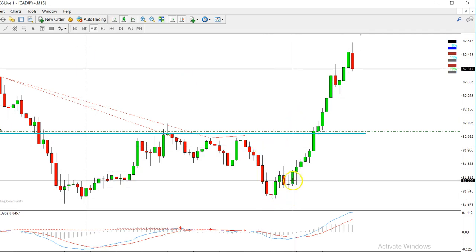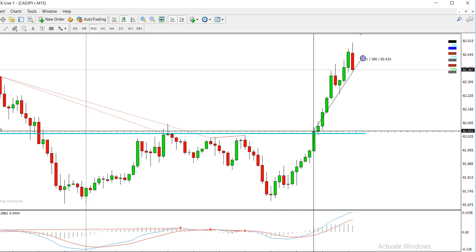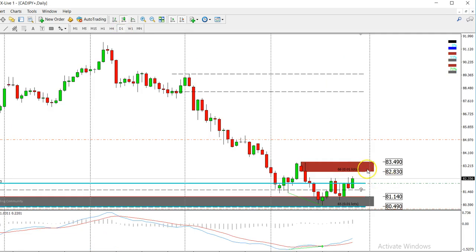It did drop a little bit, but it's taken off again today and it's moving nicely up around 150 pips. Where are we targeting? 82, 83 area and above. Looking at it, I think it's going up towards 85 in the coming days and weeks. So I'm going to hold this trade.